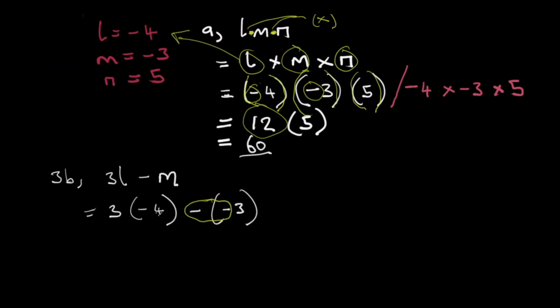Because they did not specify that minus 3 is actually a value representing M. So the common error there is writing it like this: 3 times minus 4 minus 3. Or some might just say 3 minus 4 minus 3.